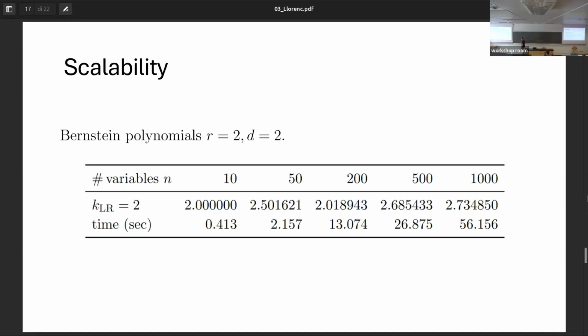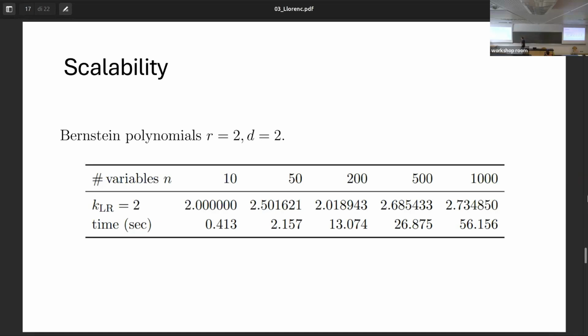And here what we're seeing is that when we solve for this, as we increase the number of variables, we don't get lower bounds, but we get a value that is larger. We suggest that basically the conditioning of the problem is very bad. And even if we know that the analytical optimum is 2, we're getting here for 1,000 variables, 2.73, which is quite a large error.